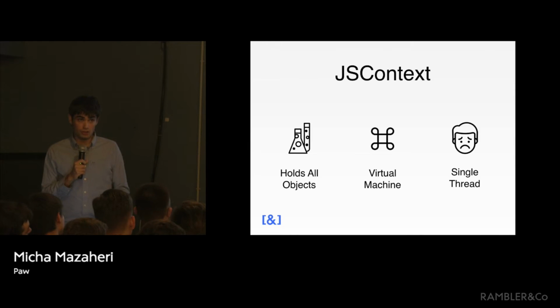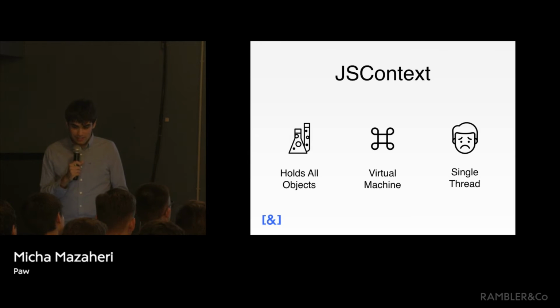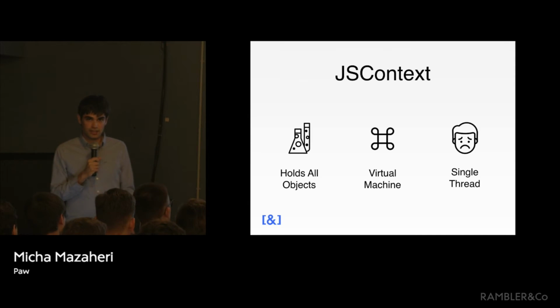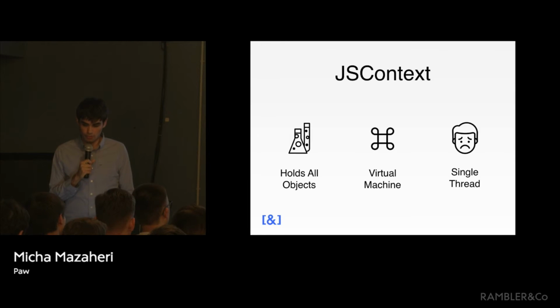Unlike Node.js or web browsers, you have only one thread. That means if you want to have your app be multi-threaded for performance reasons, you will have to handle the thread safety yourself. So the way we do it in Pow, we have multiple threads, and we just run things in the background and bring back the values to the main thread when the execution completes.